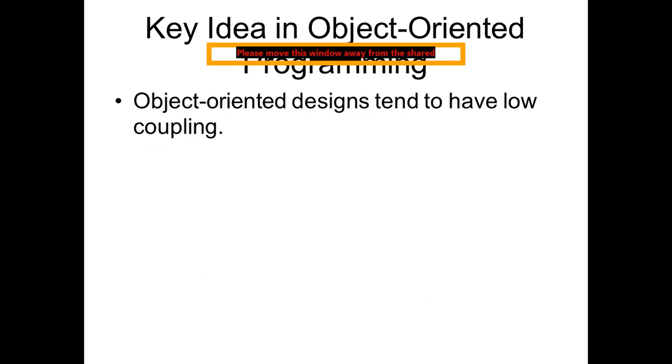Now the key idea in object oriented programming design is to have a low coupling. So in case of the OOD, object oriented design, we tend to have low coupling. If we are using the concept of object oriented programming, the strength of the coupling is low.